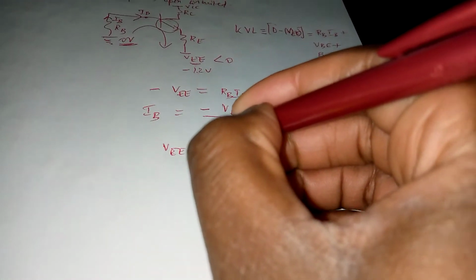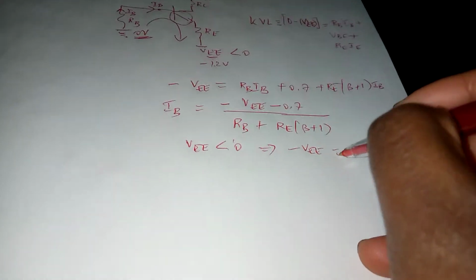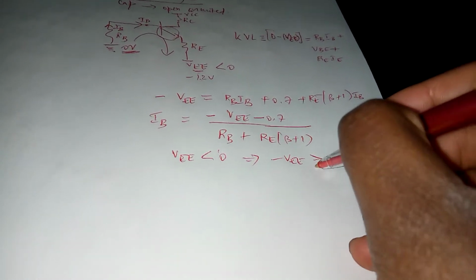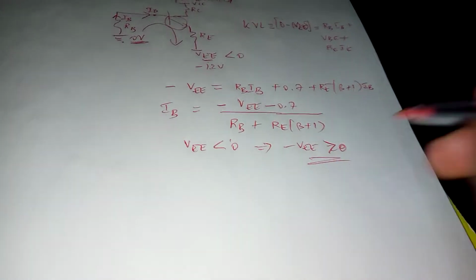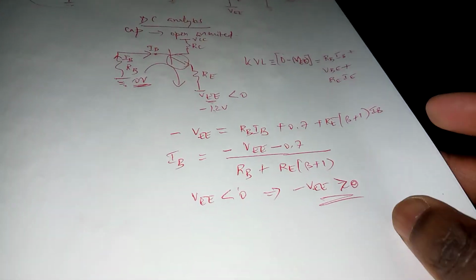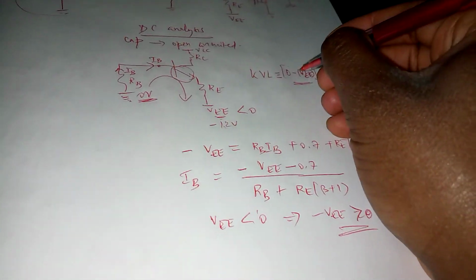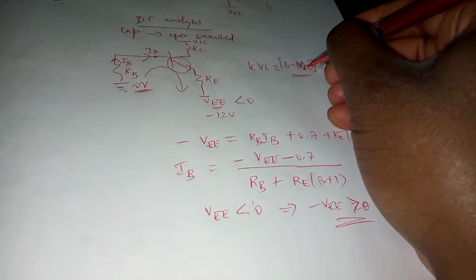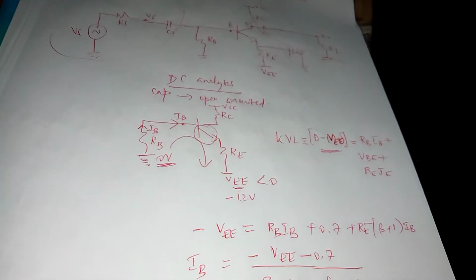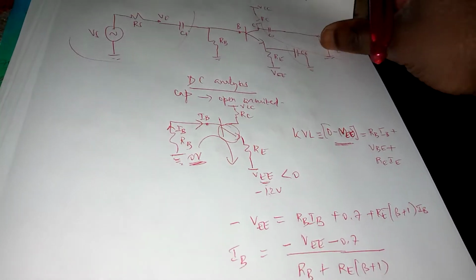So if that is negative, then minus VEE is actually a positive value. You agree? Greater than 0, positive. Yeah, that's how we get to that. And remember here, when I say 0 minus VEE, I just applied Kirchhoff's voltage law that you must have learned in basic electrical engineering.